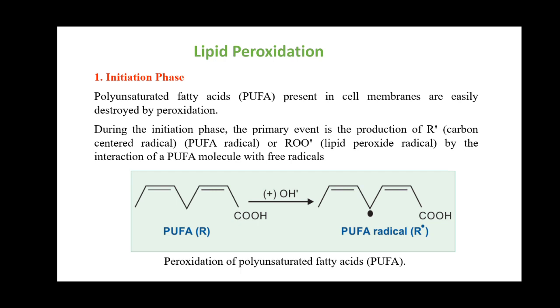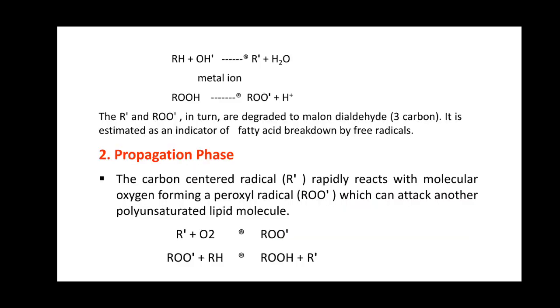During the initiation phase, the primary event is the production of a lipid free radical, which is a carbon centered radical or lipid peroxide radical, by the interaction of a PUFA molecule with the free radical. In turn they are degraded to malondialdehyde, a 3 carbon compound, which is estimated as an indicator of fatty acid breakdown by free radicals.